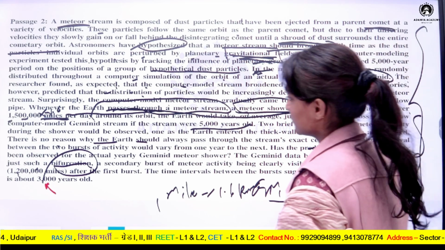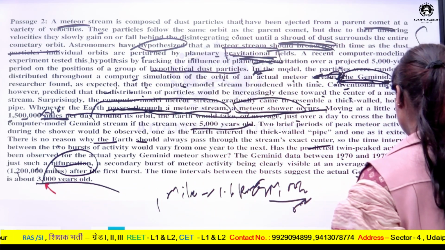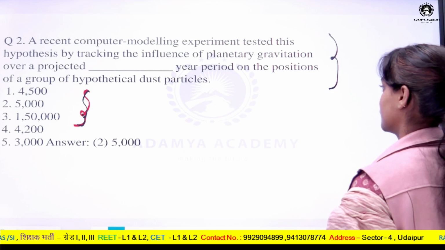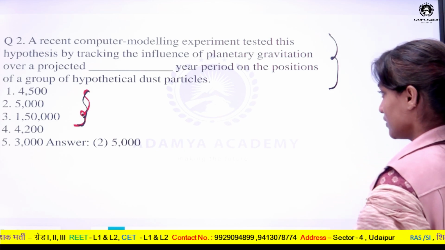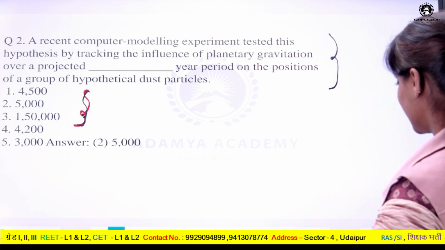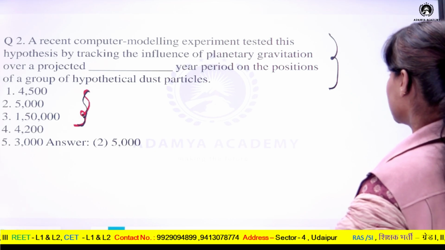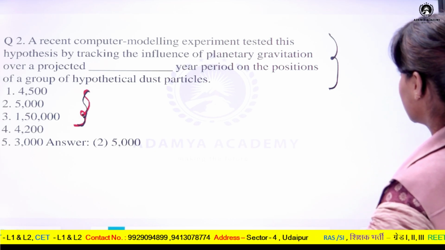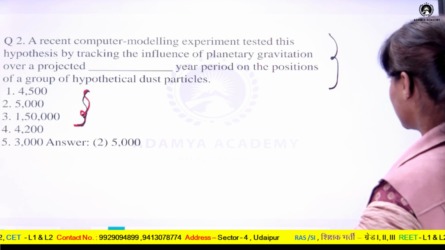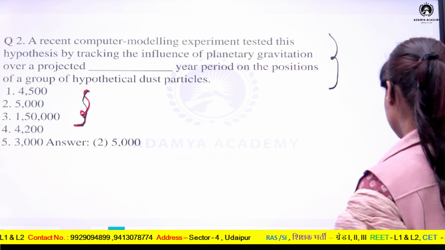The actual Gemini stream is about 3,000 years old. But here it is not asking about the Gemini stream; it is asking about the time period in years about the position of a group of hypothetical dust particles.